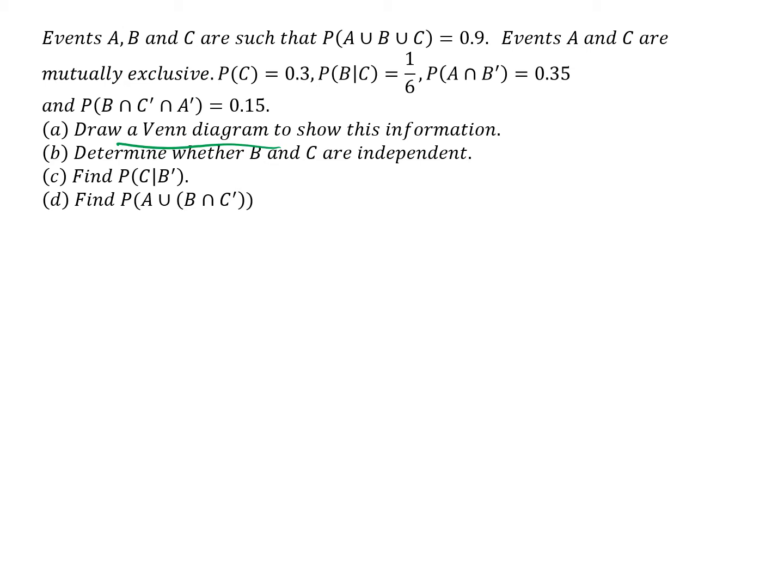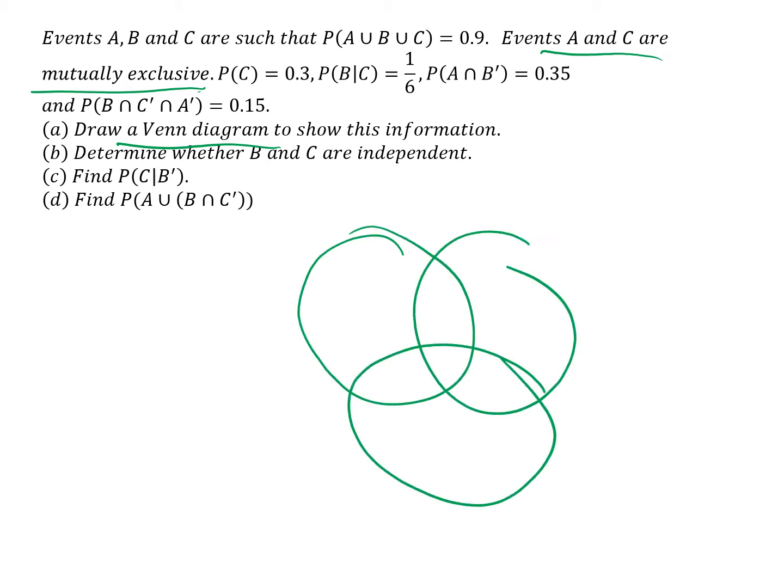Before I actually put pen to paper, the thing that stands out is that events A and C are mutually exclusive. We've got three events, A, B, and C, so we might naturally draw them all overlapping.